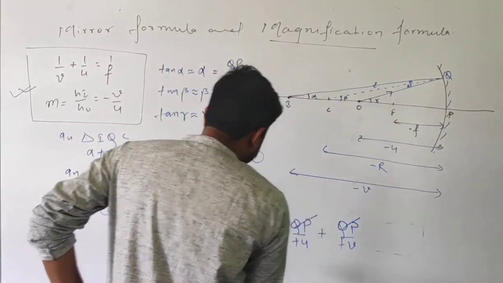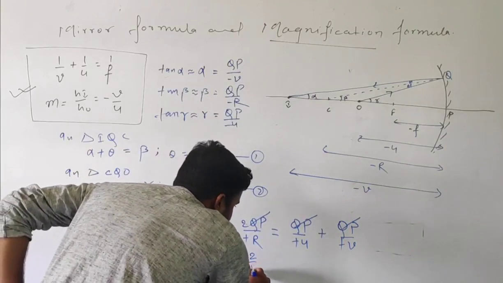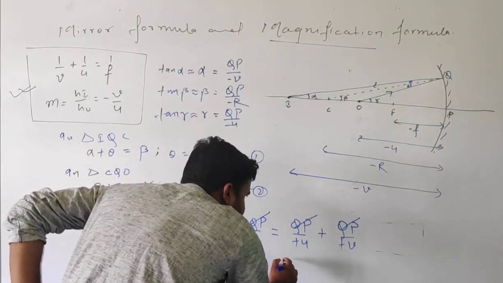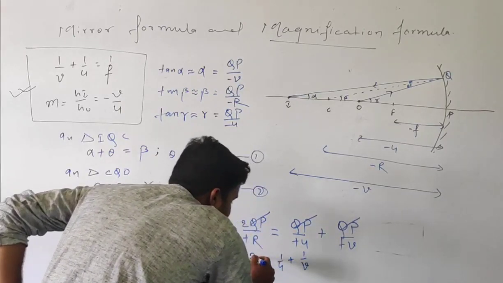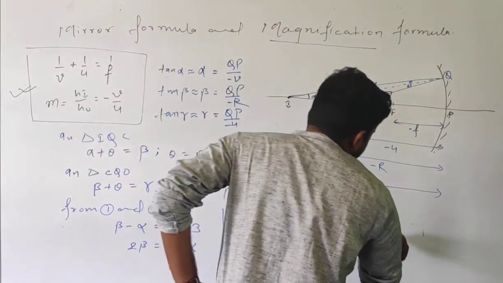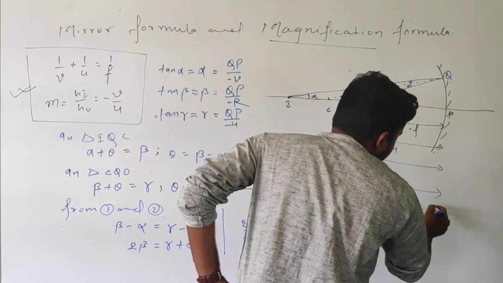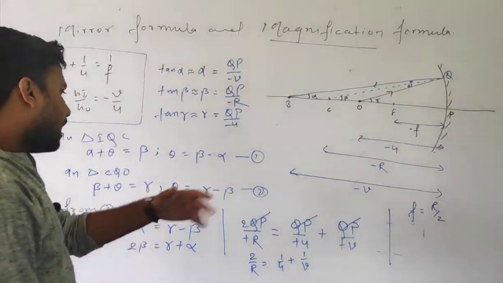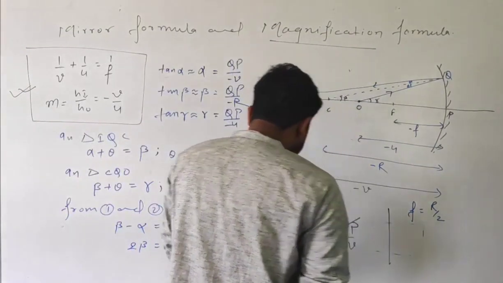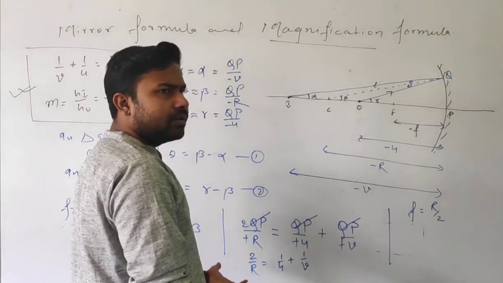So what we are getting is 2 by R equals 1 by U plus 1 by V. And we know that F equals R by 2. So we can write 2 by R equals 1 by F.